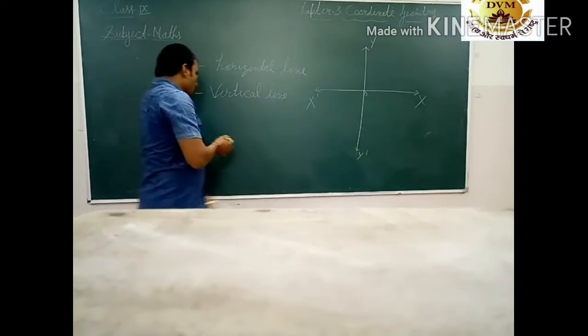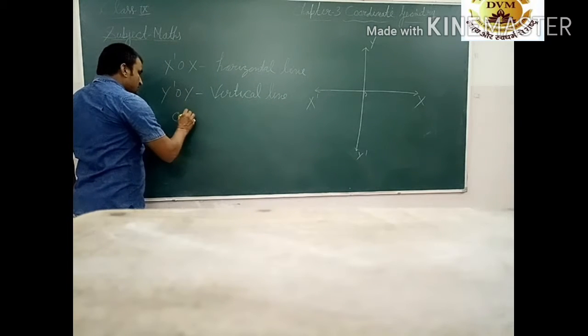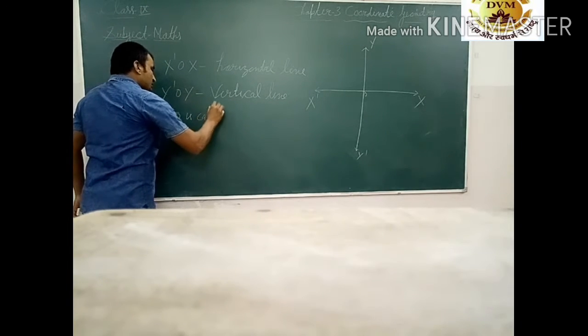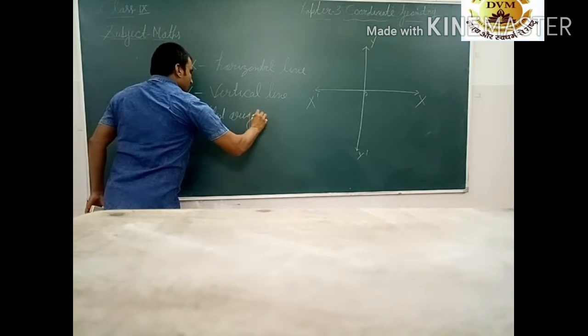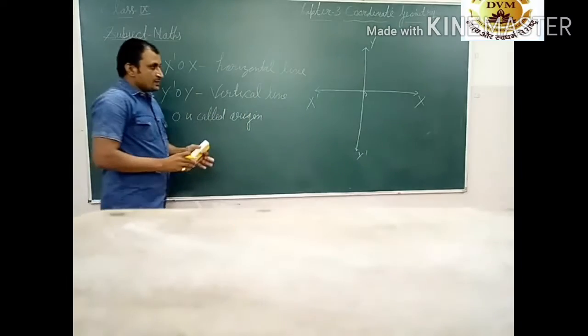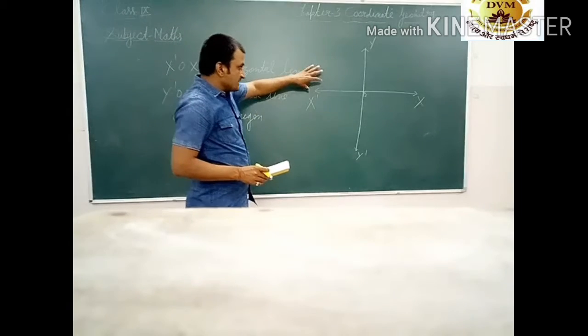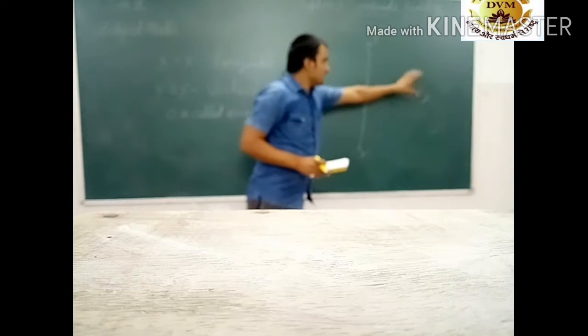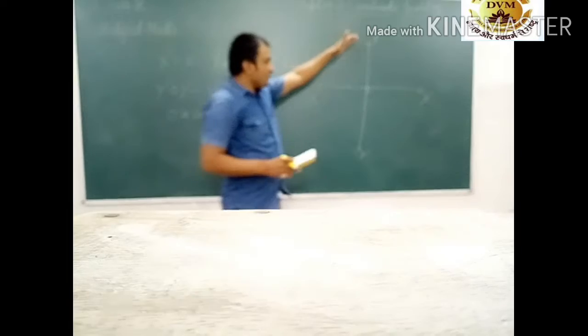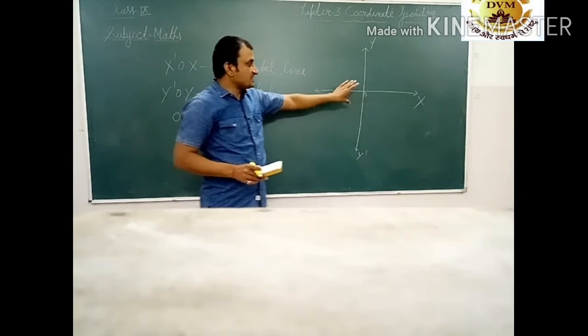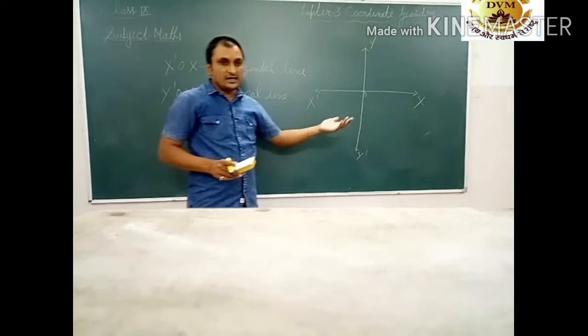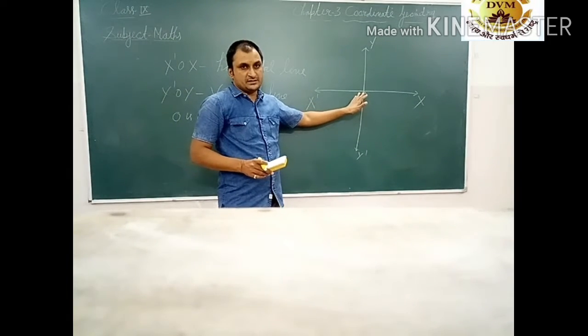So O is called the origin. Clear? I repeat, X'OX is a horizontal line and Y'OY is a vertical line. The intersection point of these two lines is called the origin.